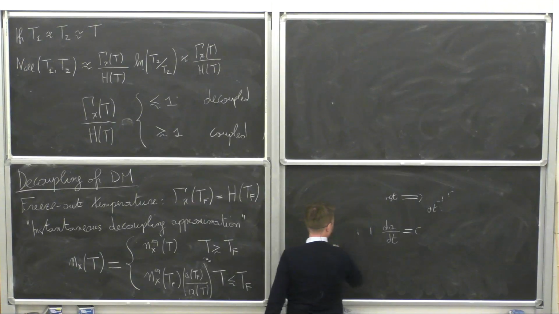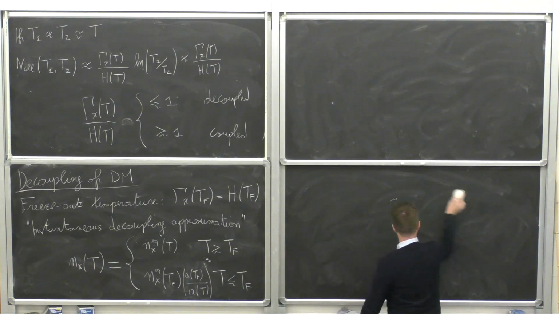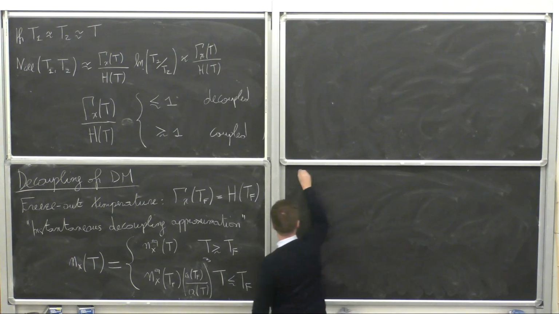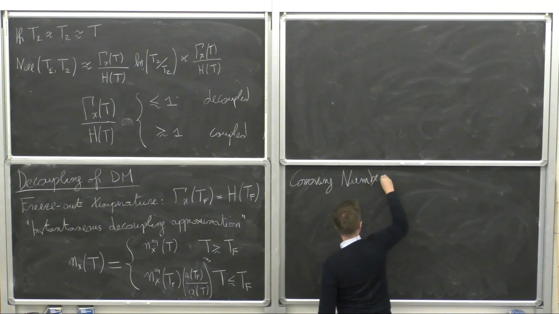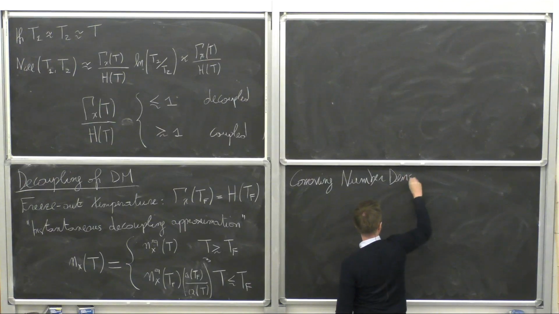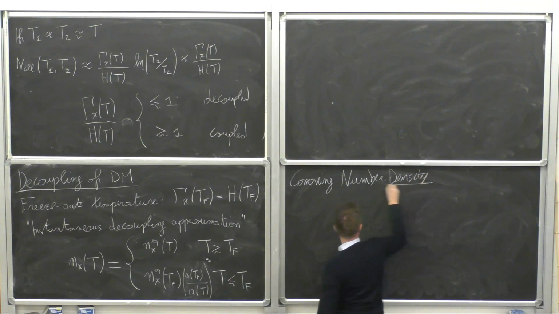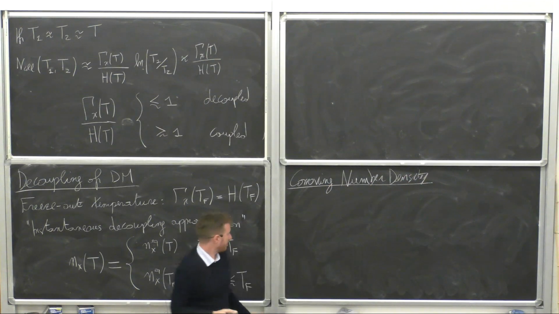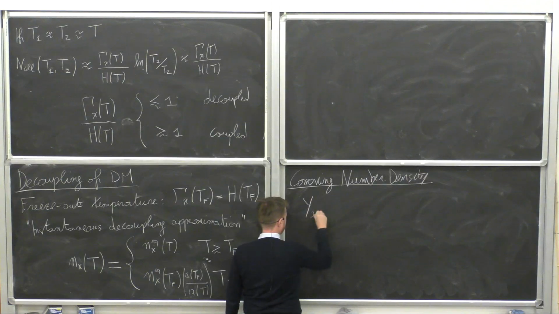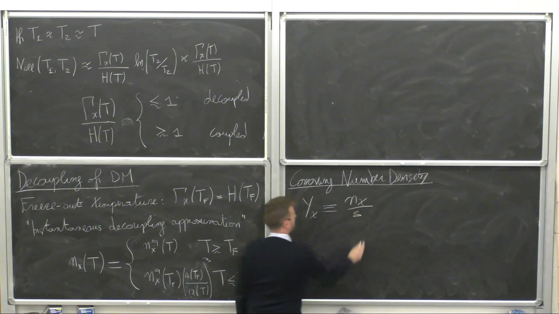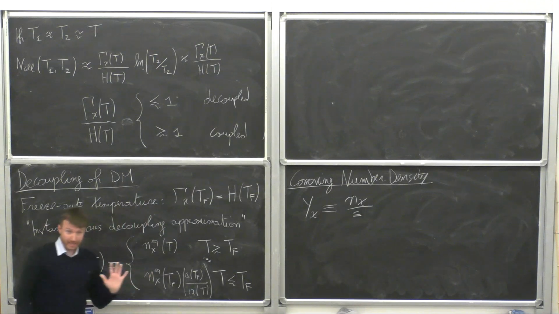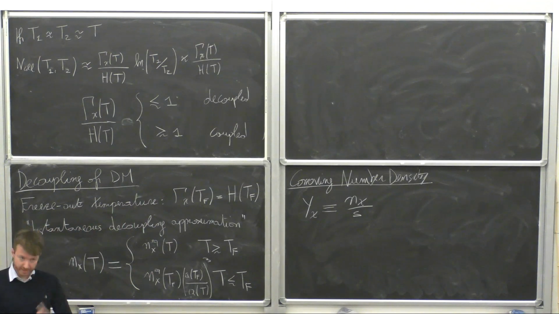Okay, the comoving number density is defined as follows. Comoving number density. Okay, so the comoving number density is defined in this way.